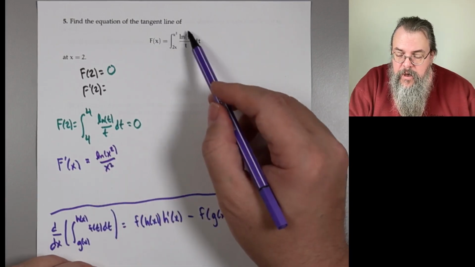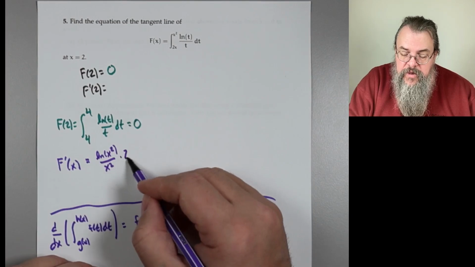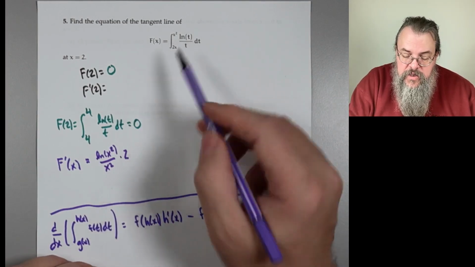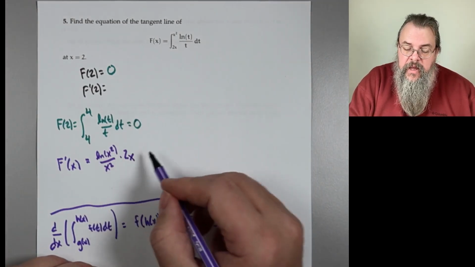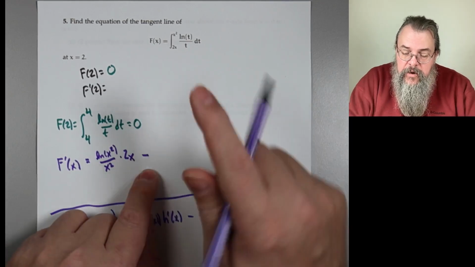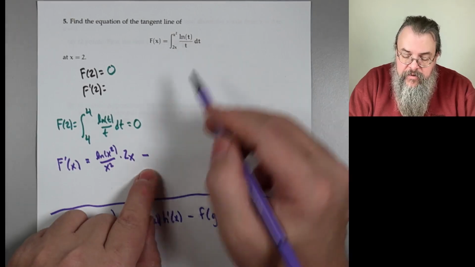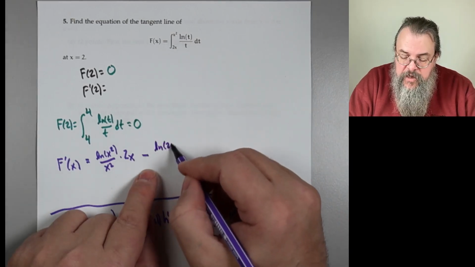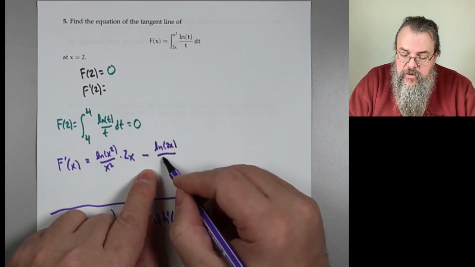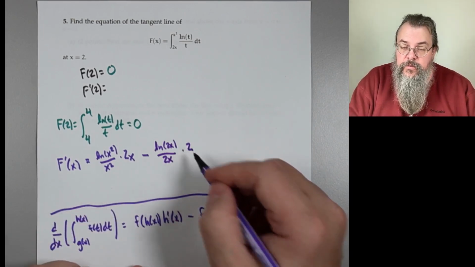We're just saying wherever we see a t, we put an x squared. Times the derivative of x squared, which is 2x. Then minus. Okay, now wherever we see a t, we're putting 2x. So log of 2x over 2x times the derivative of 2x, which is 2.